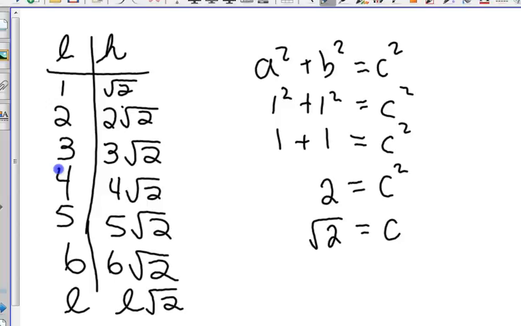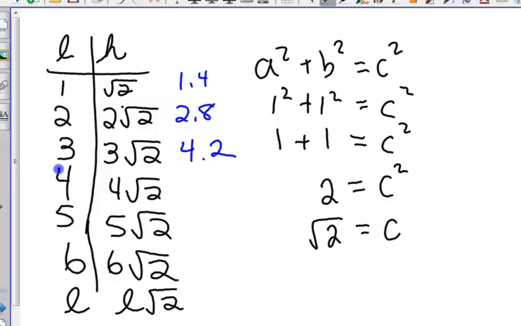The square root of 2 is about 1.4. So when the leg length is 1, the hypotenuse is about 1.4. If we have 2 times the square root of 2, what's that going to be? 2.8. And then 3 times the square root of 2 is going to be 4.2.